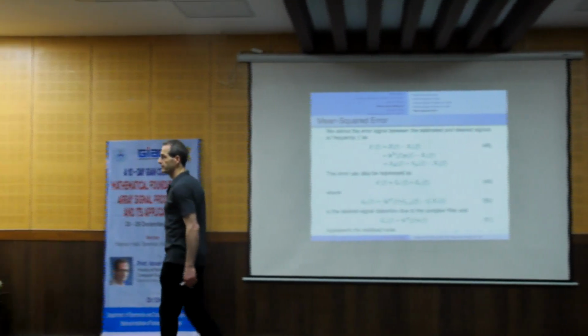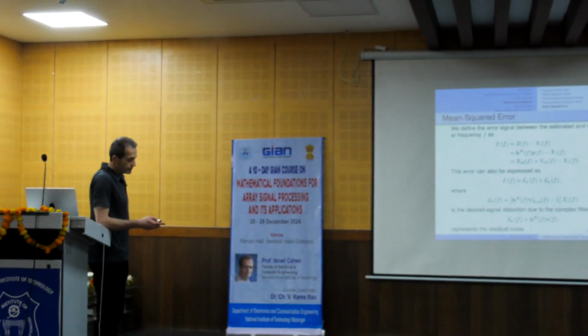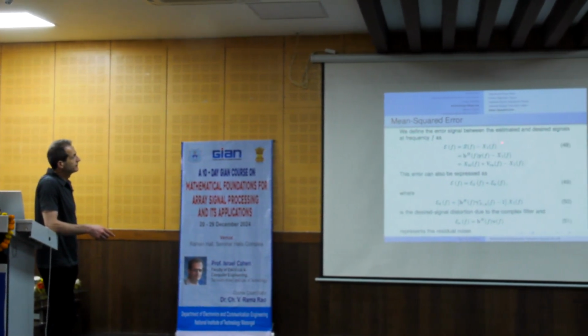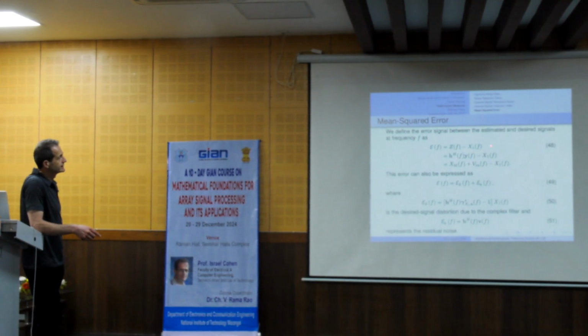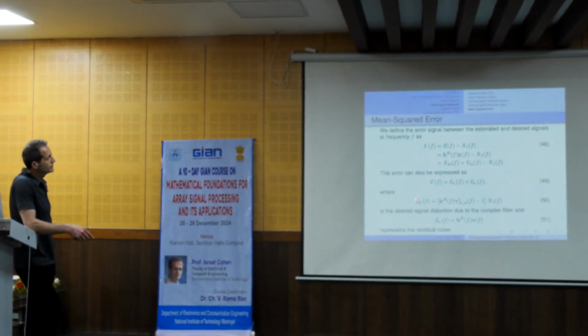Mean squared error. So the mean squared error is the error between the estimate of x1 and x1. The mean squared error of this difference. If we take this difference, it can be split into two components which are uncorrelated. One component is the error between the filter desired and x1, so it relates to the distortion.